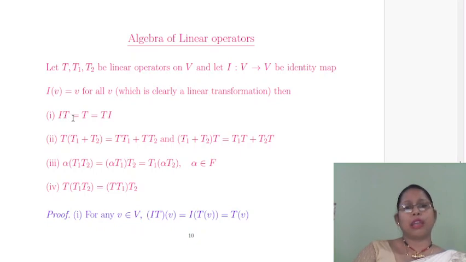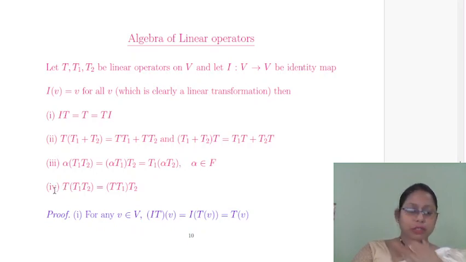First, I into T, identity mapping into the linear operator T, is equal to T, and it is equal to T into the identity map I. Second, T into (T1 plus T2) is equal to T1 plus T2 into T, and (T1 plus T2) into T is equal to T1 T plus T2 T. Third, for any scalar alpha, alpha T1 T2 is equal to alpha T1 into T2, which is equal to T1 into alpha T2.